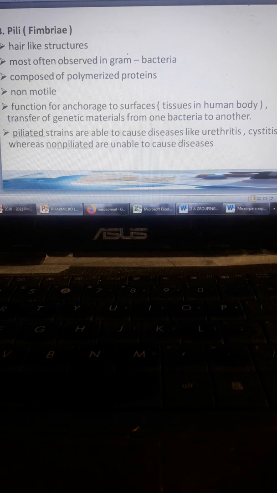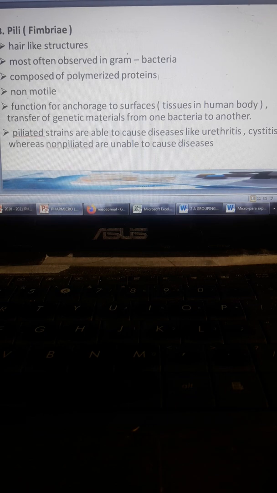Next, we have the pili or fimbriae, hair-like structures usually found in gram-negative bacteria, composed of polymerized protein. They are non-motile. Their functions are attachment or anchorage to tissues in the body, and transfer of genetic material from one bacterium to another during the invasion process.